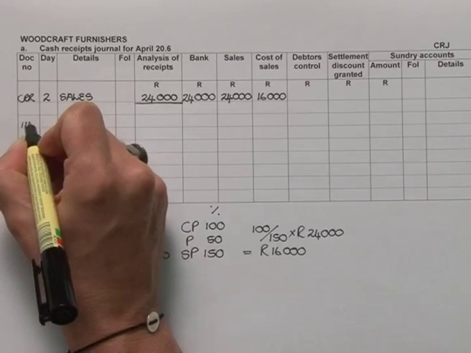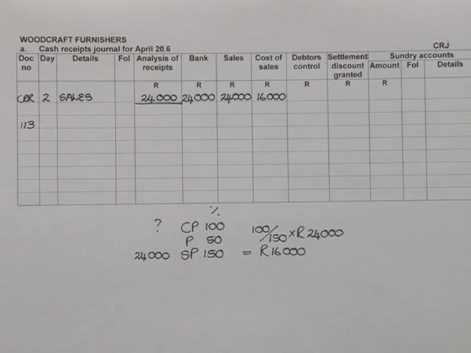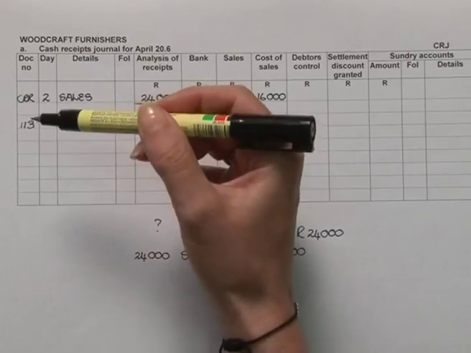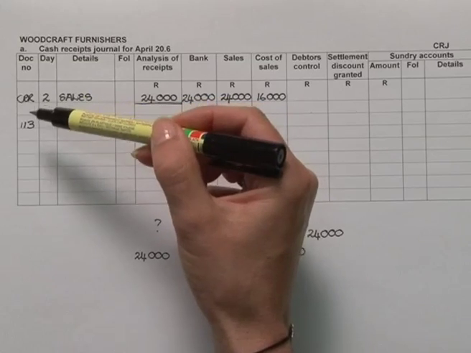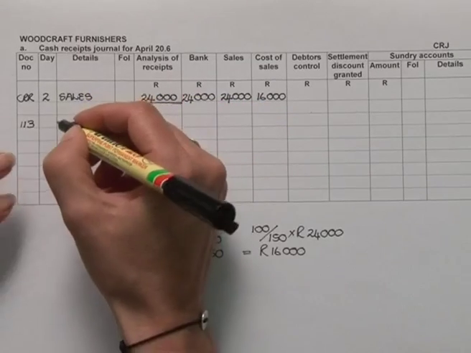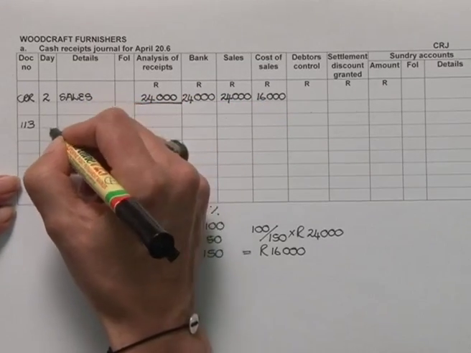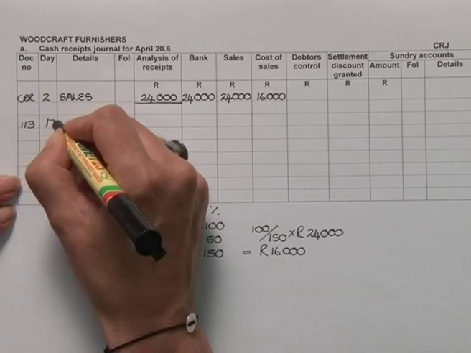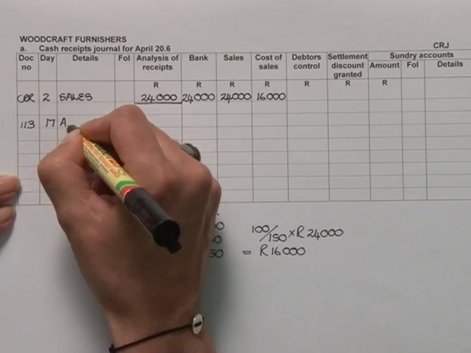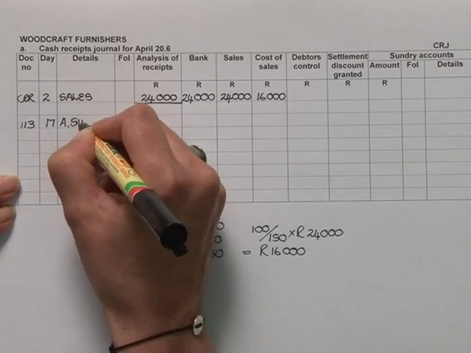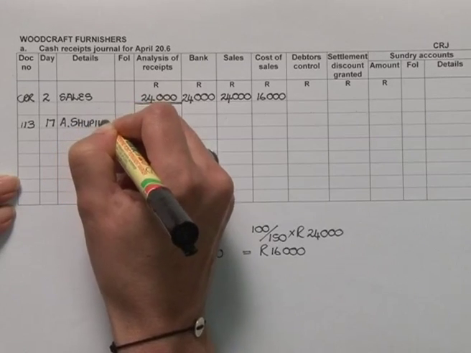The document number will be receipt number 113. That you can pick up from previous transactions. Remember, I'm not doing all of the transactions. This transaction occurred on the 17th. The details will be the name of the debtor.